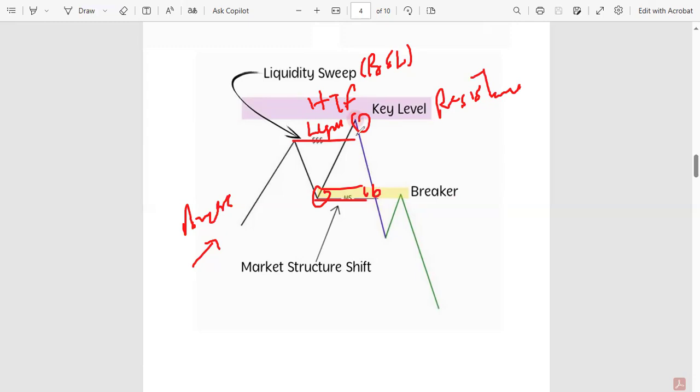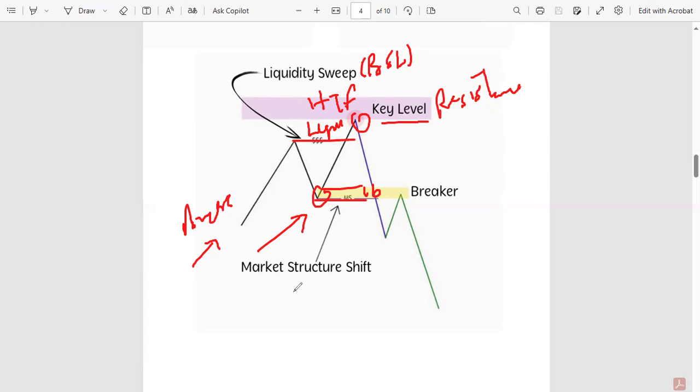Price is not going to respect this because we have already seen the idea of price reversing. Why? Because of this key level. Price bounced from this key level, and now we expect price to disrespect this bullish order block. And now this area is going to be the area where we mark our market structure shift level.